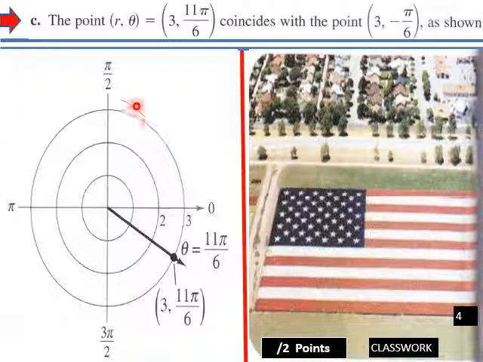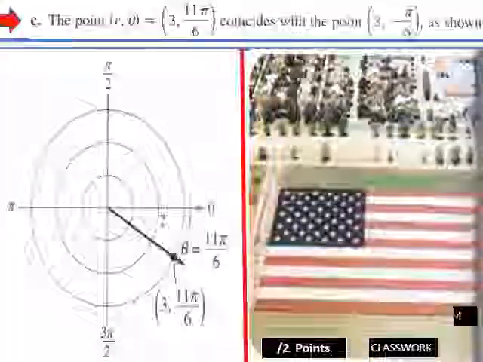Okay, so we're getting that down. C, that would be (3, 11 pi over 6). So we're going all the way around like this to 11 pi over 6, and the coordinate would be 3 here. It coincides with the point (3, negative pi over 6). So negative pi over 6 would be here as well.